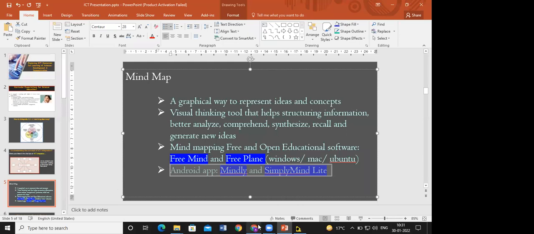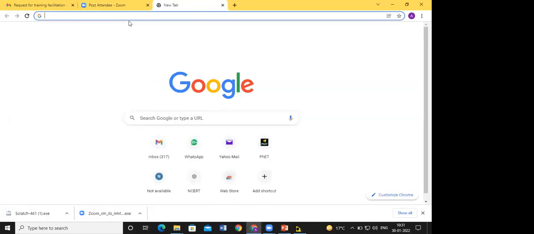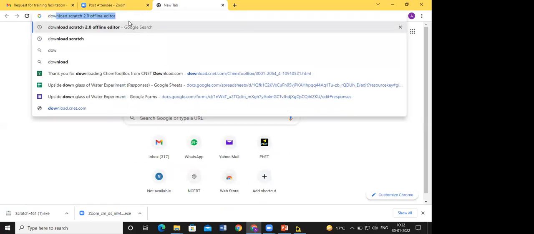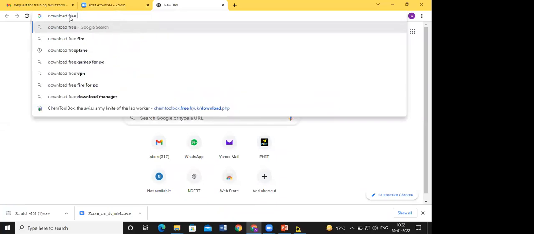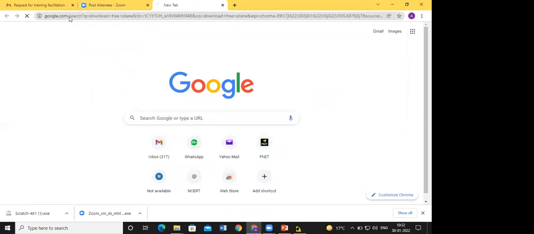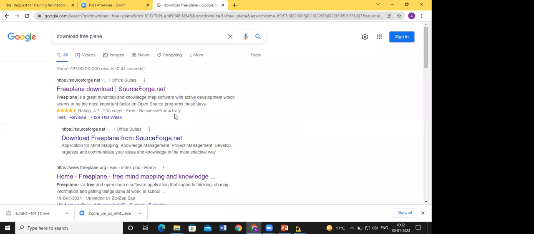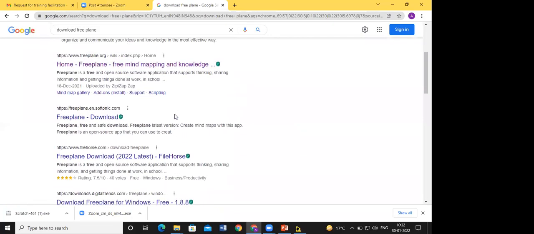I'll show you. Suppose this is my system, and this is my browser, and I'm writing here, download FreePlane. When I write download FreePlane, a window will come like this one.